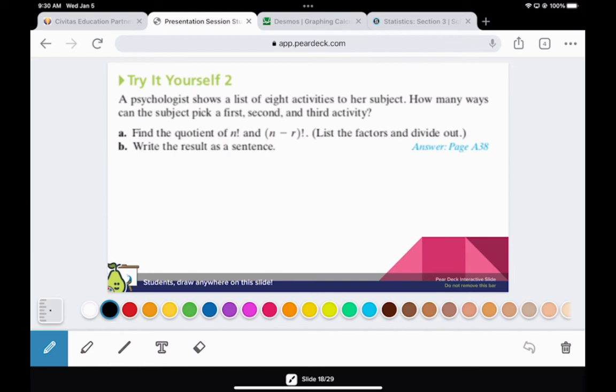Okay, so in here, they talk about a psychologist who shows a list of 8 activities. So I'm going to highlight that. It says 8 activities to her subject. How many ways can the subject pick first, second, and third?